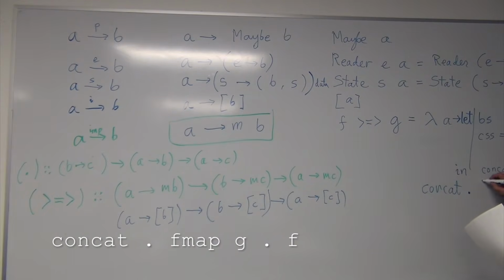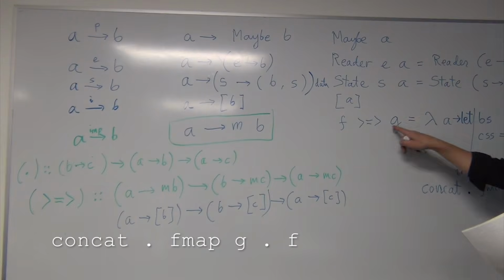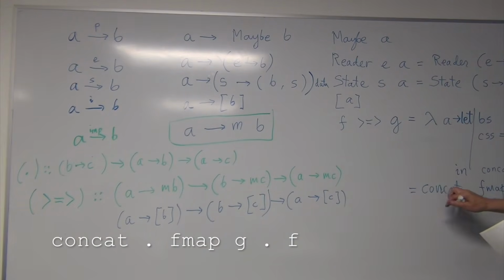But this looks really like a composition of concat with fmap G, which is now partially applied to G. Fmap partially applied to G still requires a list, and this list is provided by F. And we don't need this lambda. F fish G is equal to concat . fmap G . F. We have canceled these A's on both sides.